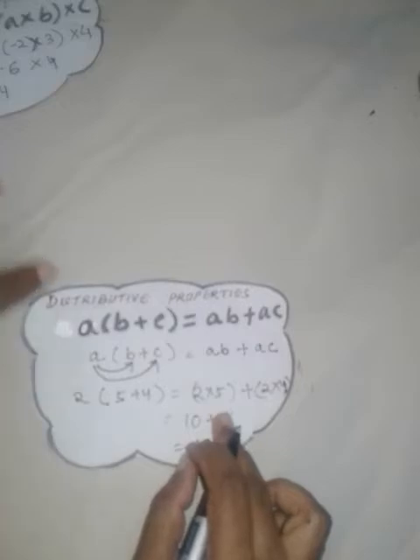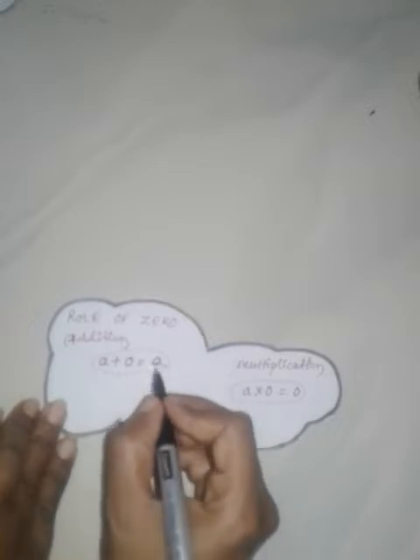Next is the role of 0. We already know that if we add 0 to any whole number, we get that number. Similarly in integers, if we add 0 to an integer A, we get that number.